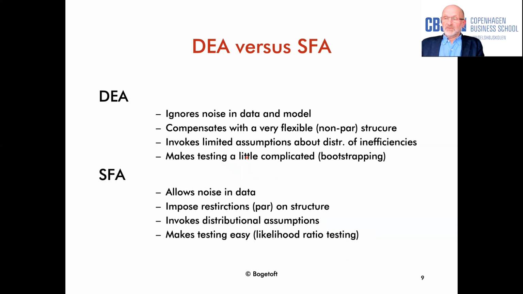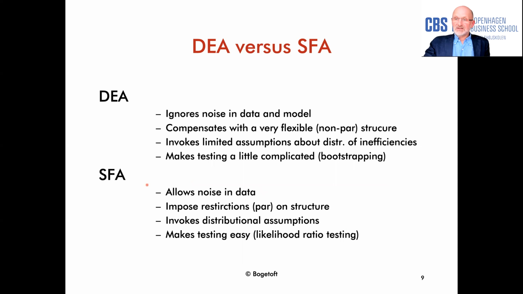Actually, it's only when we make some kind of a test that we perhaps assume that inefficiencies have most of their mass close to zero, and then it declines. And DEA makes it a little bit more complicated to test. In the presentation on statistical analysis of DEA models, I talked a lot about bootstrapping and those kind of techniques, which are slightly more complicated to perform than likelihood ratio tests, which is possible in stochastic frontier.